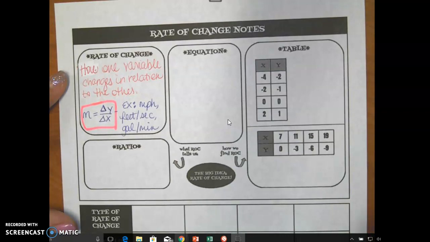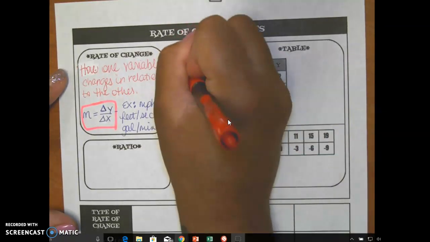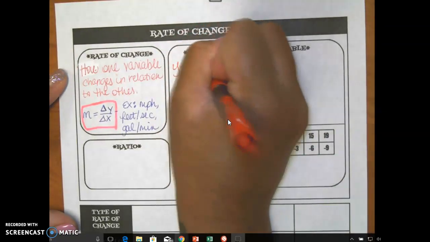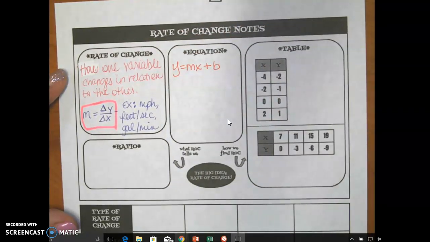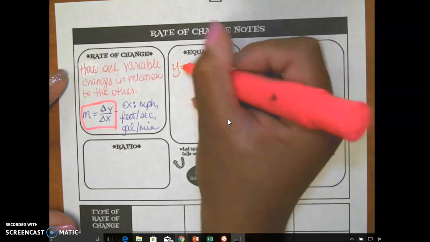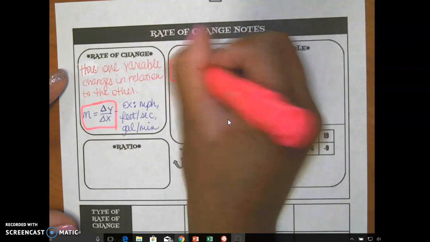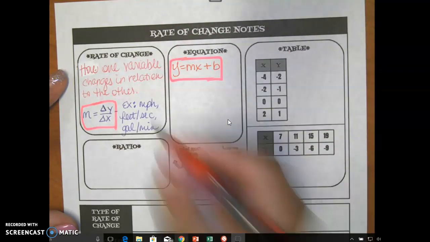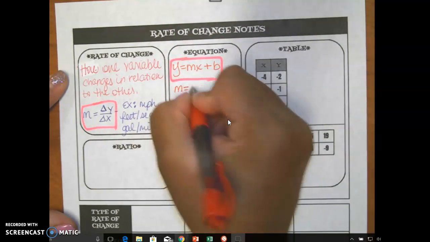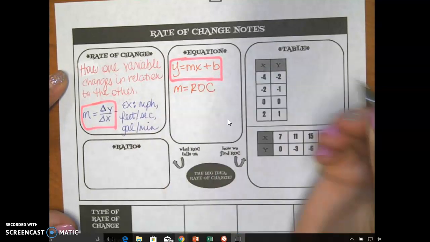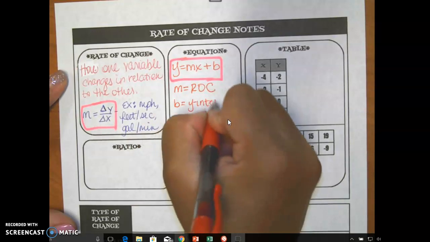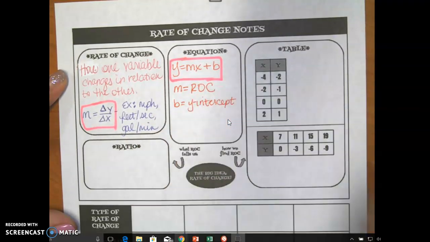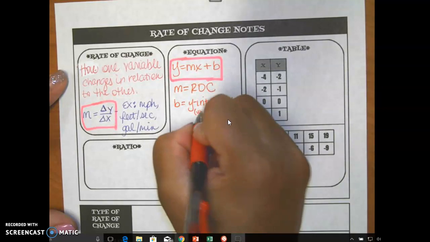The equation for rate of change is y equals mx plus b, where m is my rate of change, b is my y-intercept. That's where x is 0.